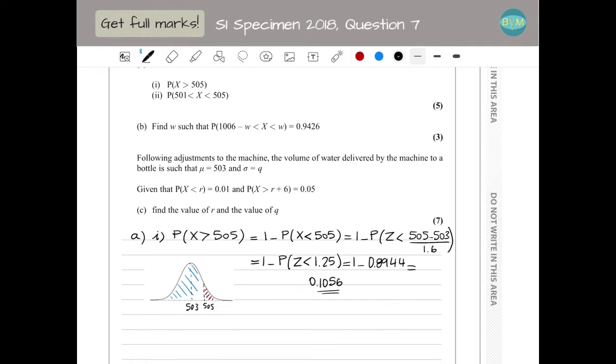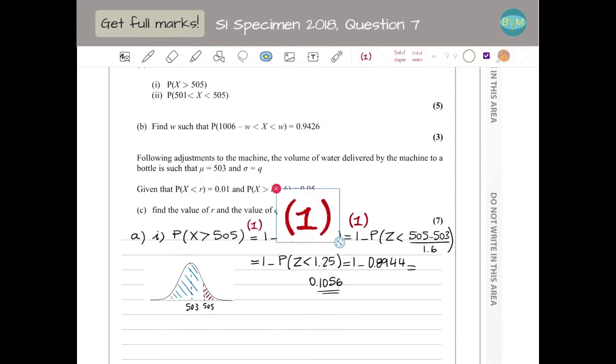This is the probability that I'm looking for, and you get 3 marks here: one for the method, standardizing the normal distribution, another mark for doing the 1 minus the probability instead of just the probability, and another mark for the final answer. These are the first 3 marks.